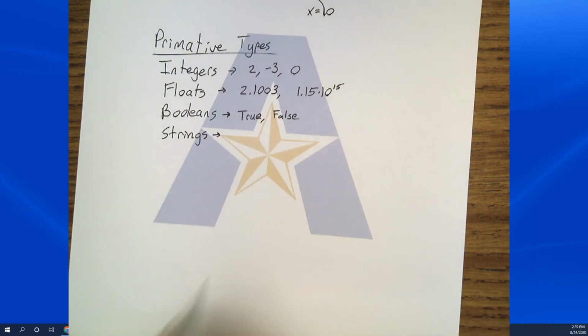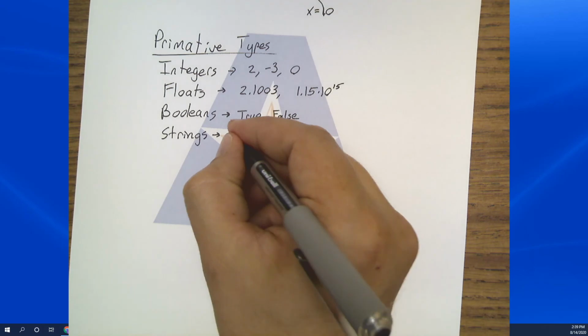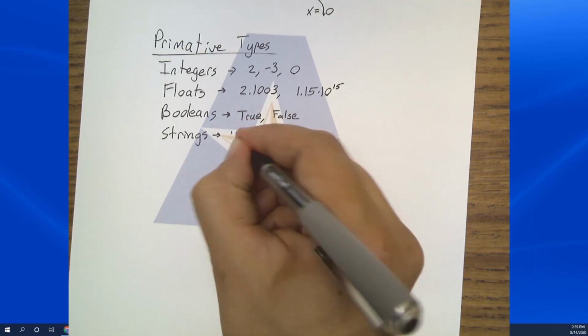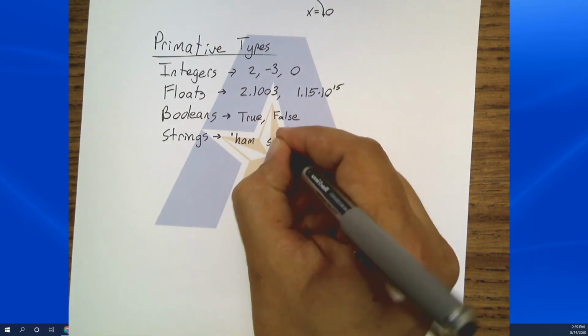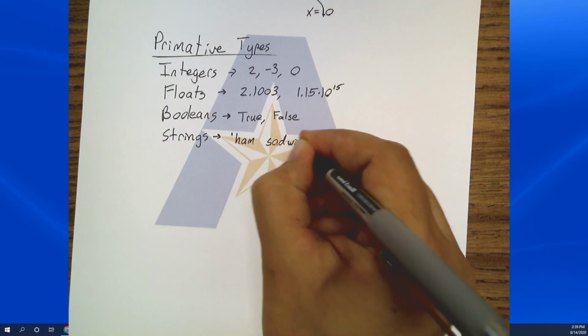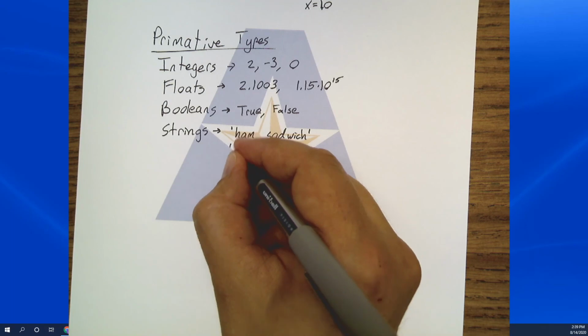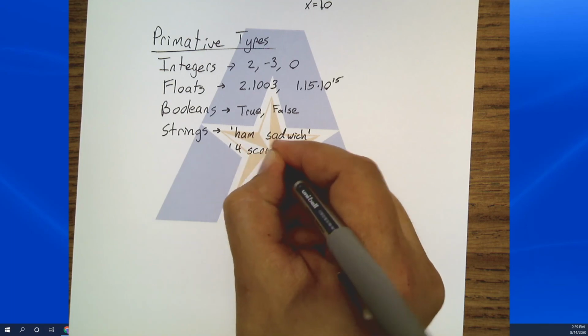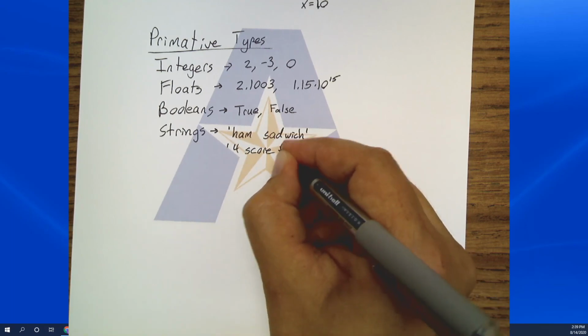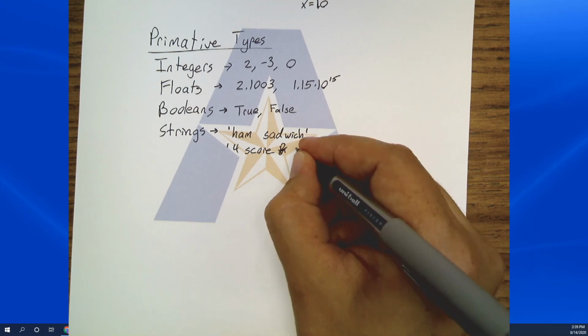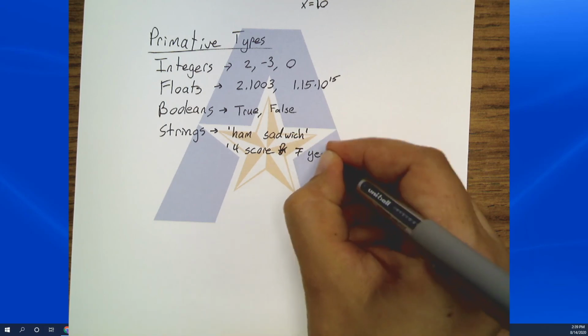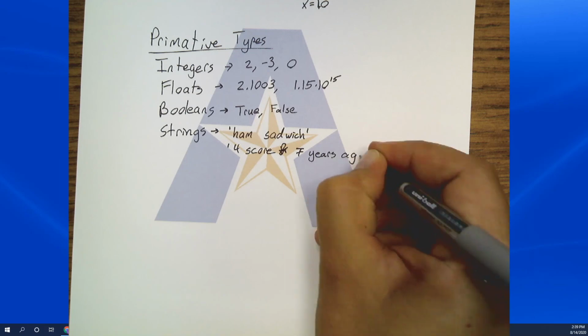Booleans are true and false. And then strings, we basically discussed, they're sets of alphanumeric and special characters. So it can be ham sandwich. It can be 4 and let me put an ampersand there. 7 years ago.